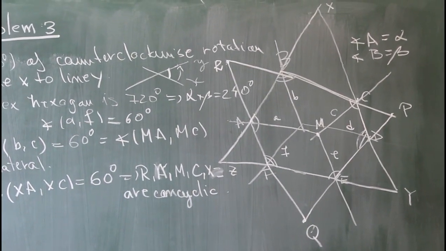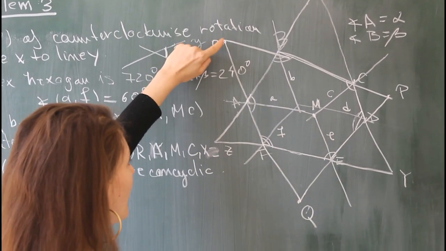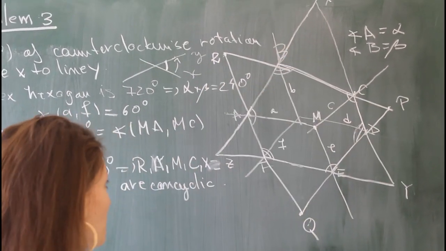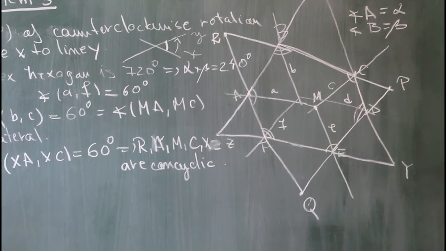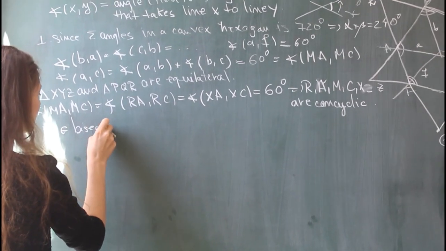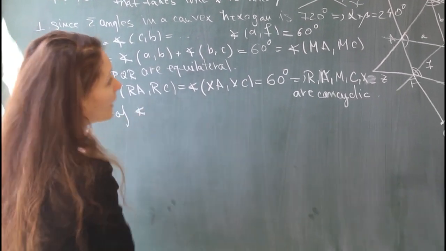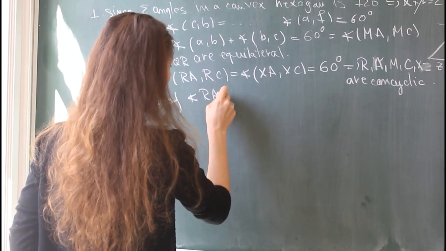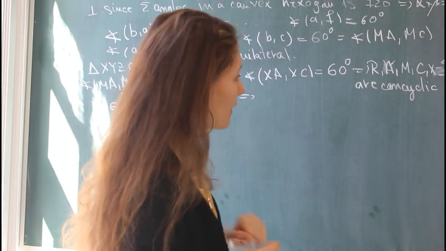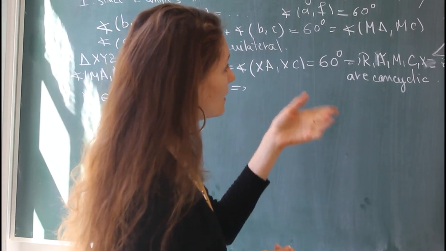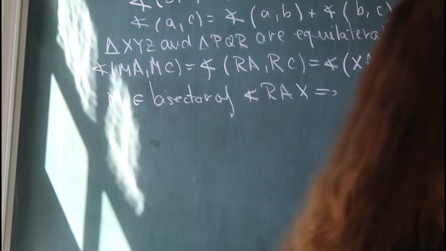But M is not any point. M actually lies on the bisector of the angle RAX, the outer bisector. Together with the fact that these points are concyclic, this gives us that MR equals MX.